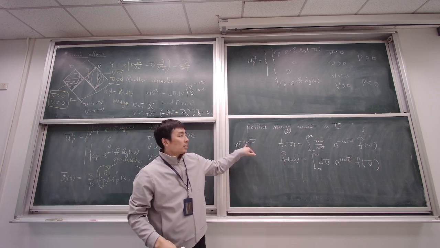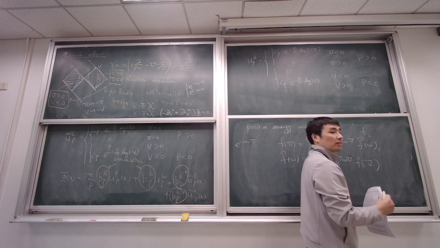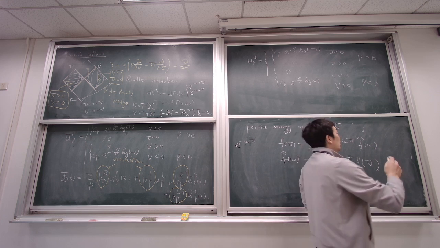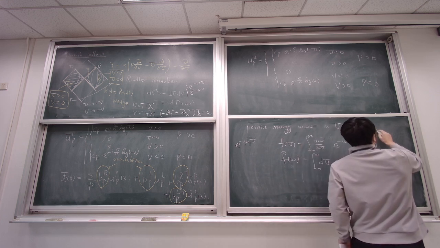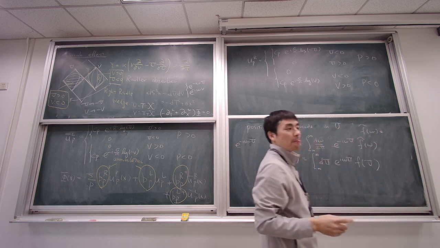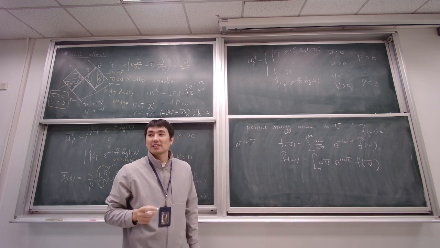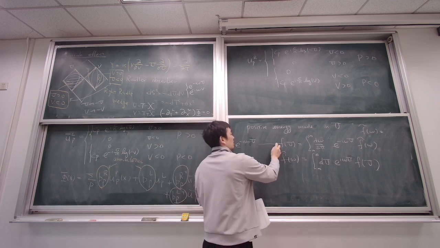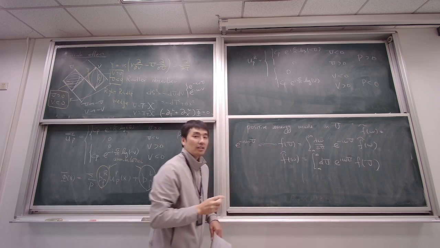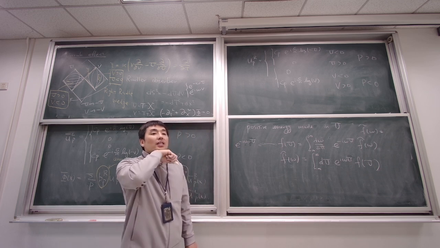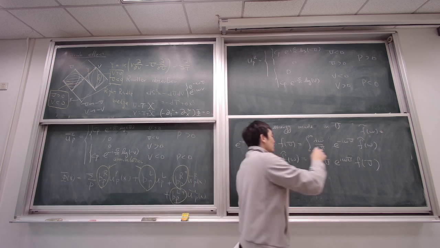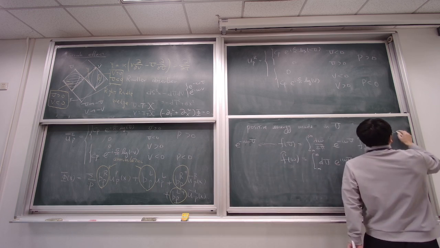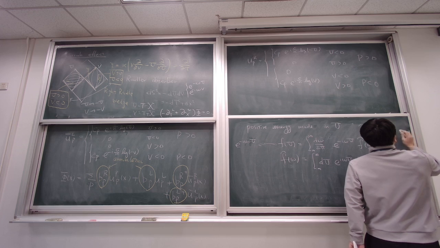Then f tilde of omega is what? It is delta of omega minus omega 0.